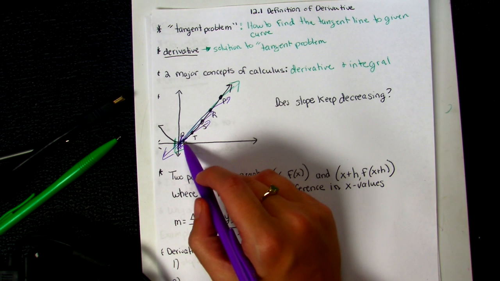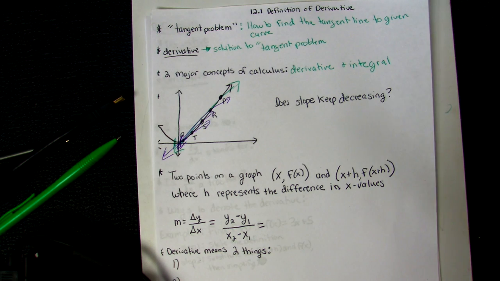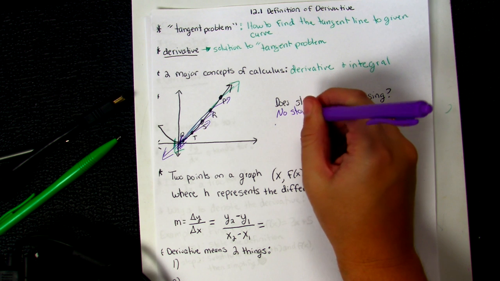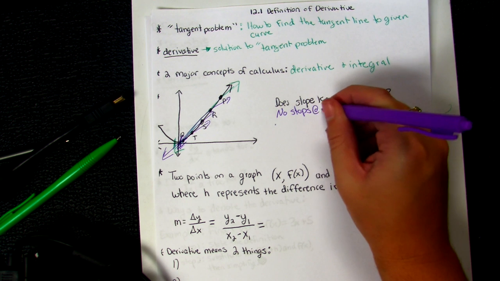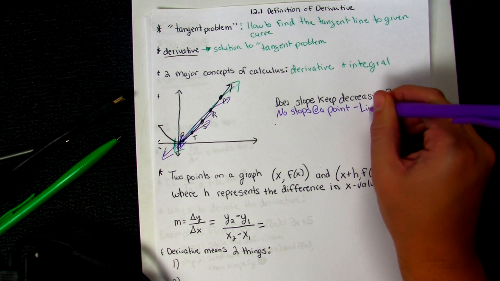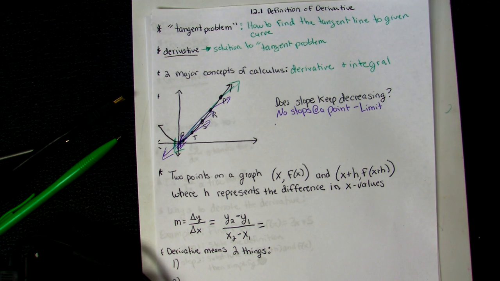No. Eventually, it's going to hit a point and not go past that, and we call that a limit. The limit is great because we've been studying limits, so we can use the definition of limit to help us find the tangent line to a given curve.